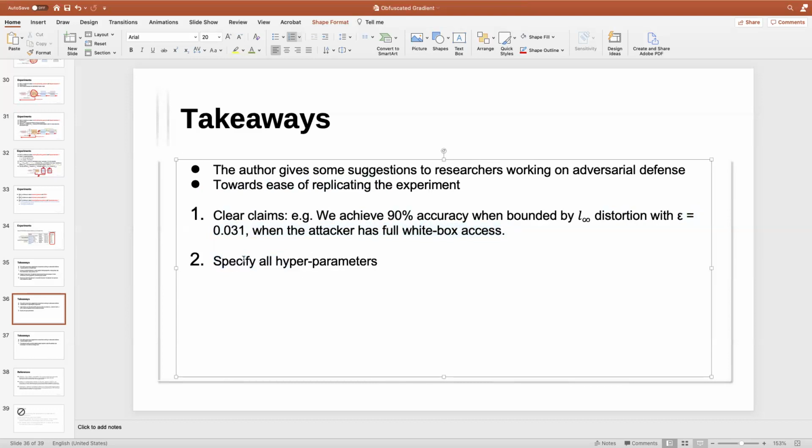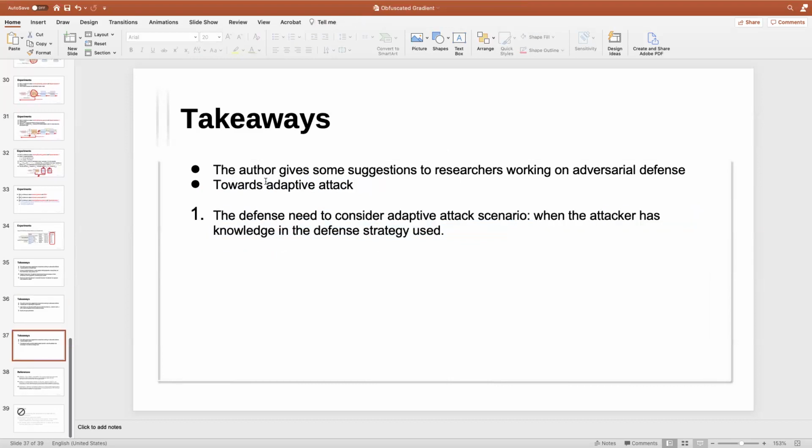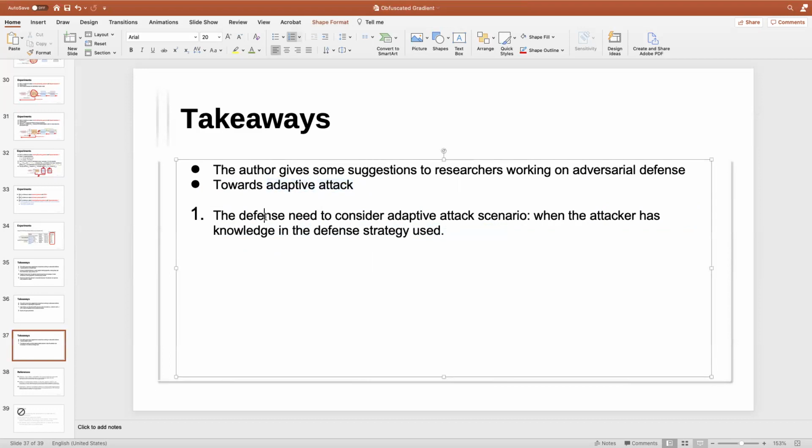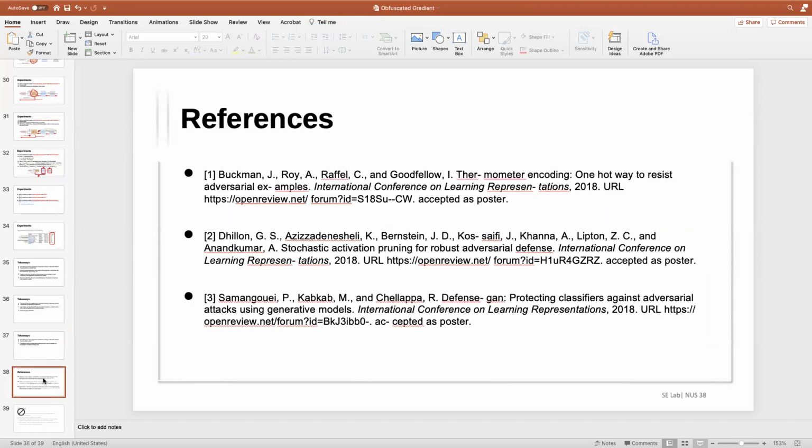Also specify all the hyperparameters in the defense model. And for defense papers, we need to consider the adaptive attack scenario, that is, when the attacker has knowledge of what defense strategy is being used. Let me see the last slide.